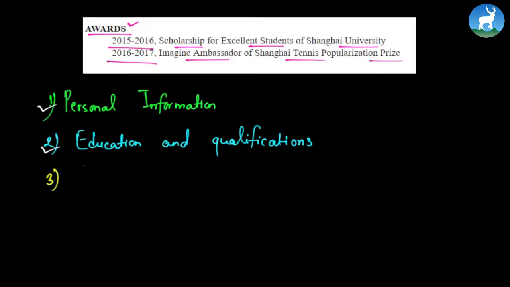Good. The third thing that you should always include is work experience, your past employment history. Now this should always be in descending order. So that means the name of the place you're currently working, write that in the first line, change the line and write other different work experience that you had in the past. So write in descending order.